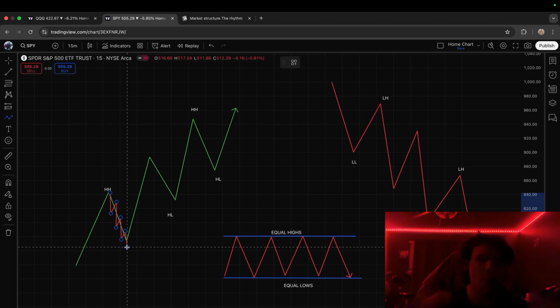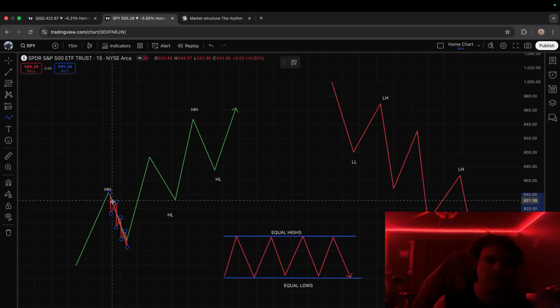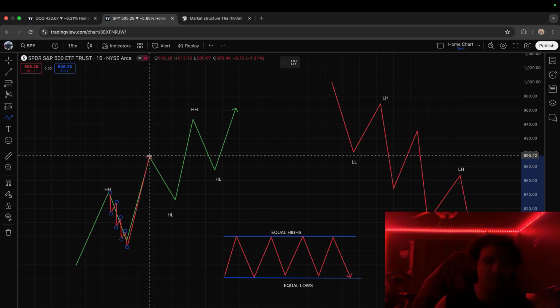But ultimately those downtrends are in your uptrends, because you will need a downtrend in your uptrend for price to fall back down to that area of orders, to ultimately break structure. You will need this downtrend to come down to this area to ultimately continue the trend.